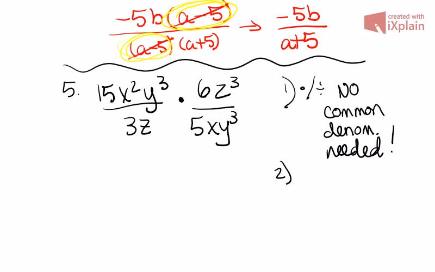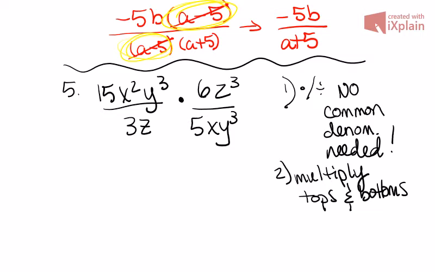Second thing I would do would be to multiply the tops and the bottoms and then simplify after that, just because it's probably going to make it easier.